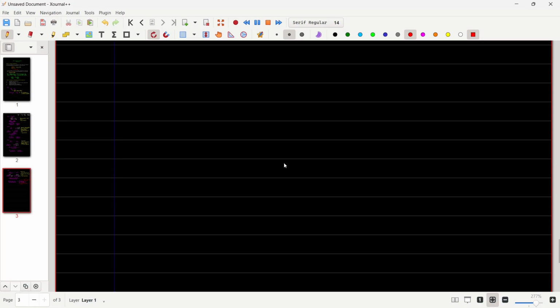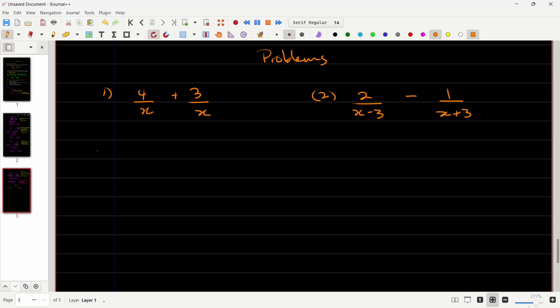Let me give you some problems, and that will be it for this lesson. So problems. Let's say 4 over x plus 3 over x. Then the next one is 2 over x minus 3 minus 1 over x plus 3. Then the third one would be x over x squared minus 9 plus 2 over x plus 3.